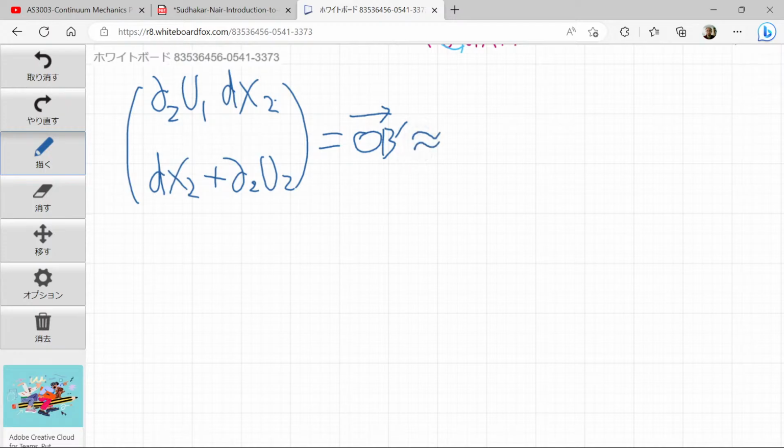And when we consider the rotation part, we approximately equate this one to the rotation matrix, which is 1, minus theta, theta, 1. It's a counterclockwise rotation. Then here we call this theta 21.